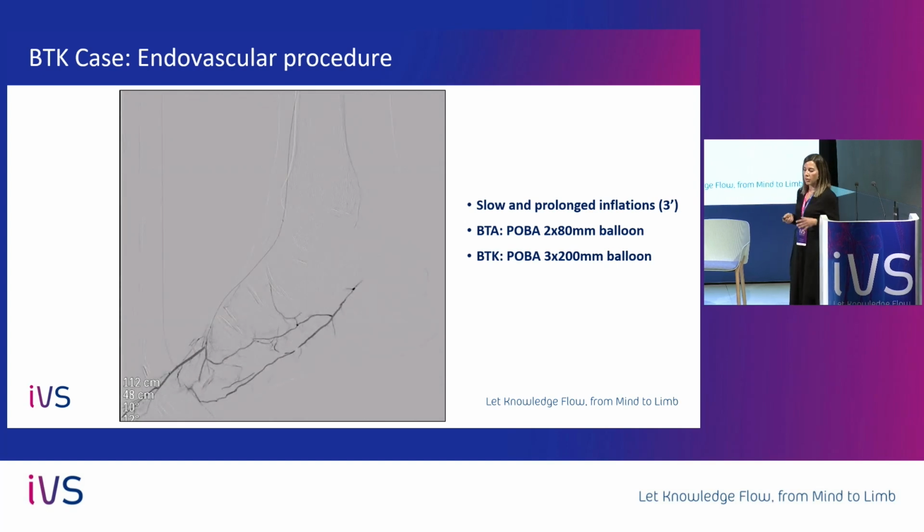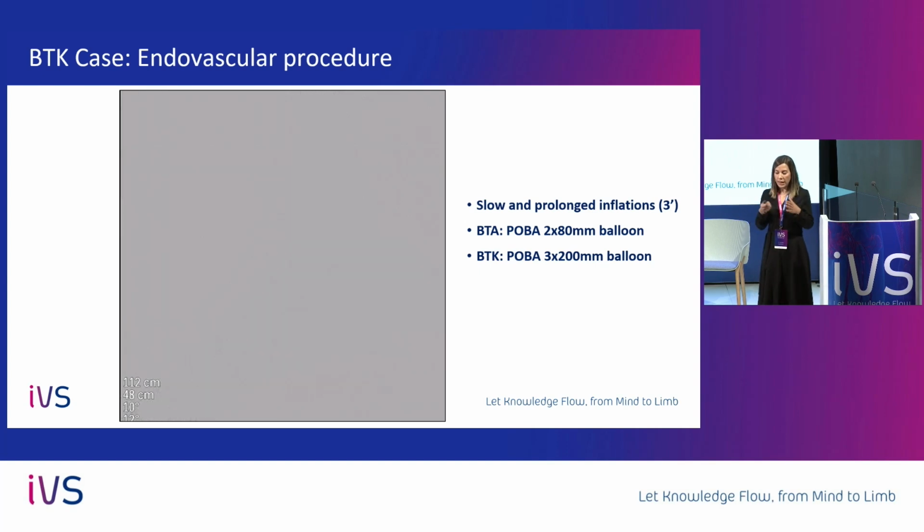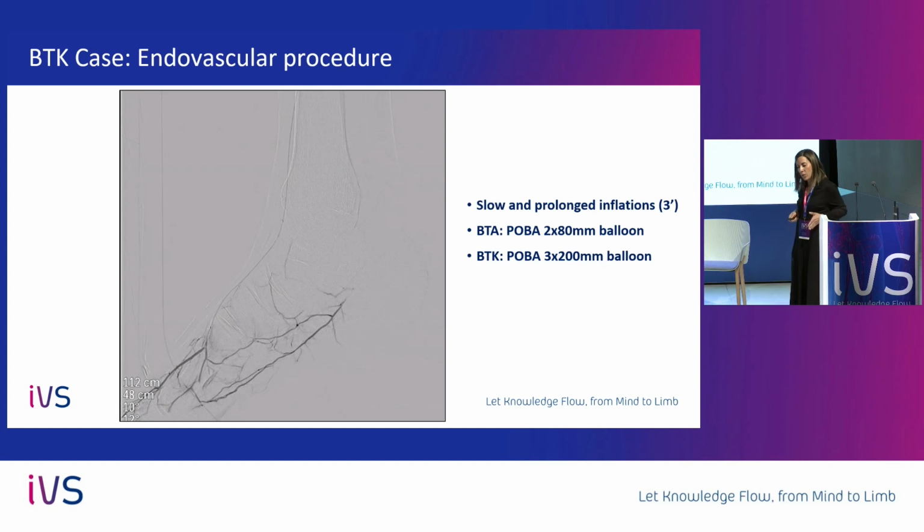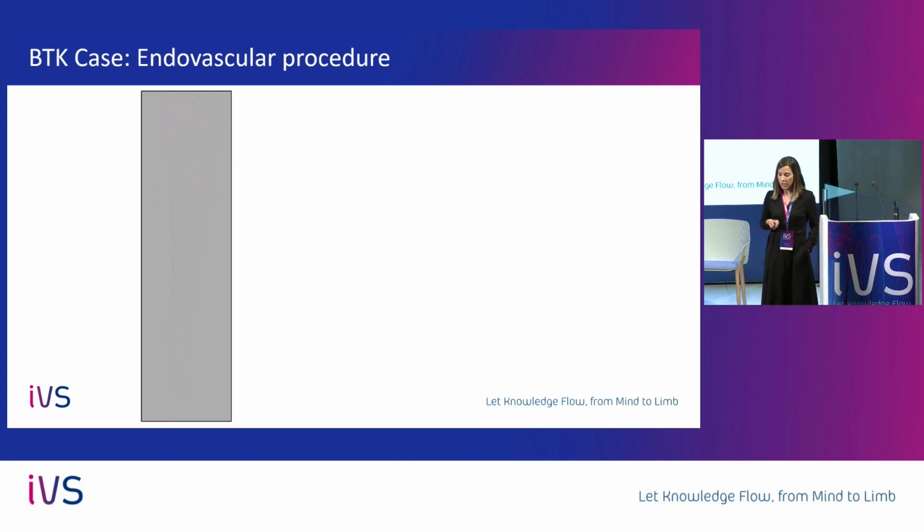I always tell the residents that inflations in these patients must be slowly, gently, and softly, because if you are really aggressive, you get vasospasm. So we use a 2/80 at the pedal artery, and then a 3/200 in the anterior tibial artery.